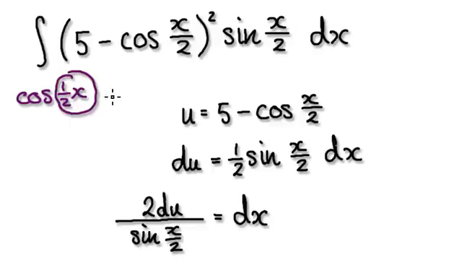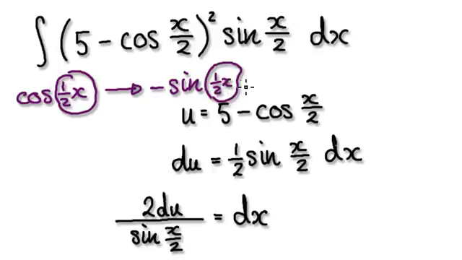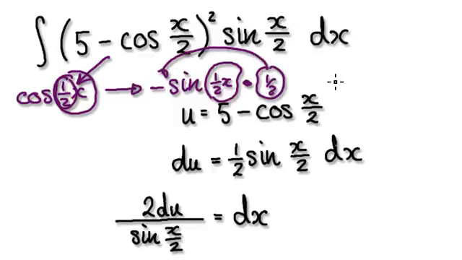So it will give you negative sine the bubble. The bubble stays intact. Then don't forget you've got to times with the derivative of the bubble itself, which will be a half. But then we would move this up here, so that would be negative a half sine x over 2, if you like.